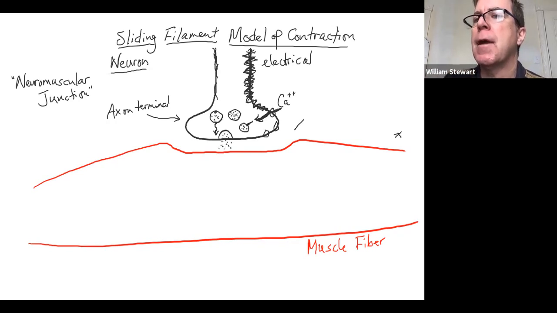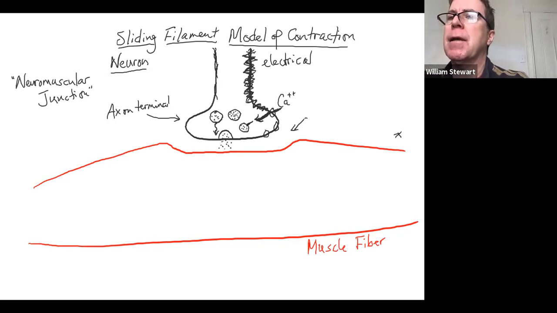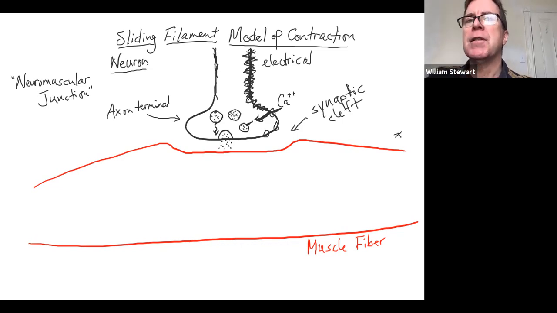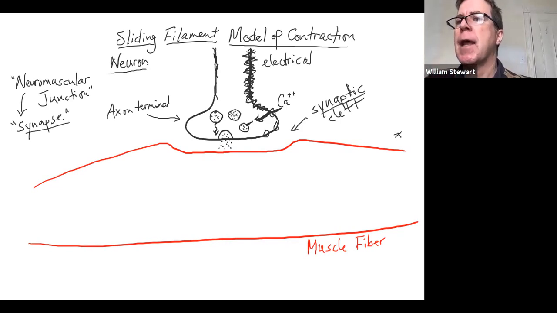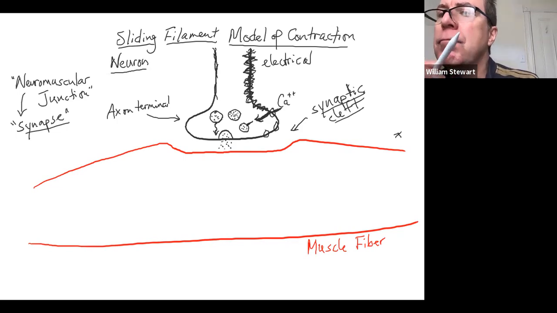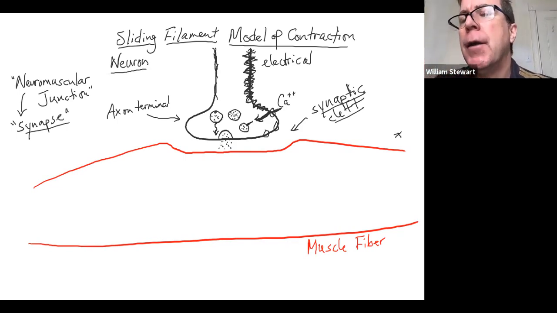That space there is called the synaptic cleft. The reason it's called a synaptic cleft is because we call this entire neuromuscular junction a synapse, S-Y-N. And so we call that space the synaptic cleft. I'll go through this really quickly at the end.